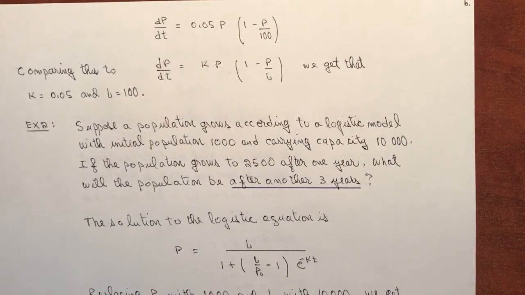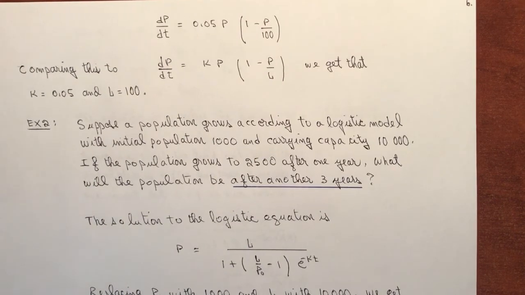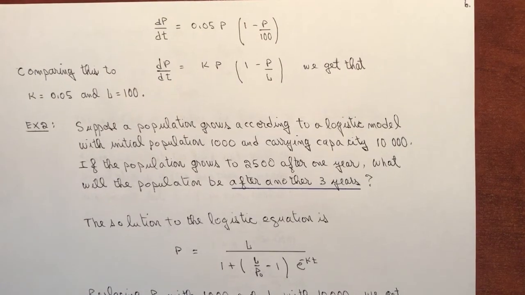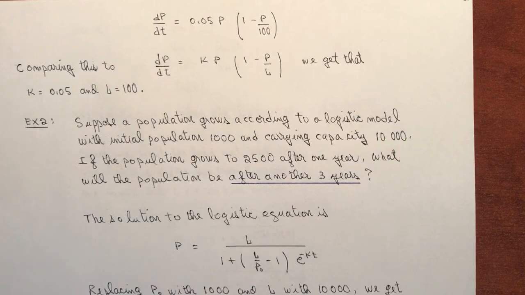Another example, suppose that a population grows according to a logistic model with initial population 1,000 and carrying capacity 10,000. If the population grows to 2,500 after 1 year, what will be the population after another 3 years? So this time we're using the solution to the logistic differential equation, the answer that we worked quite hard to get.